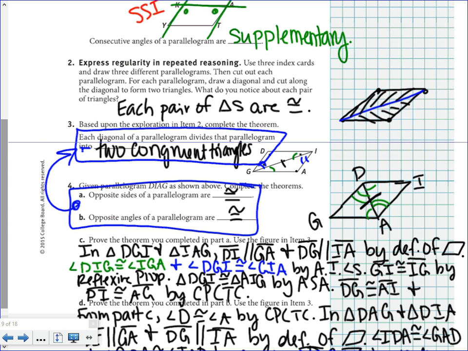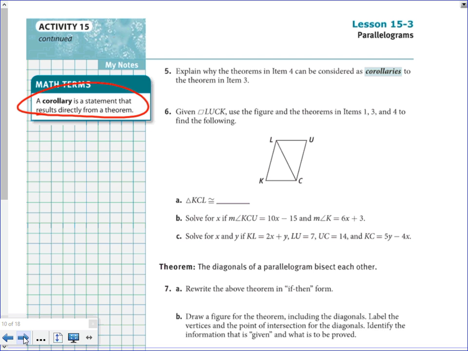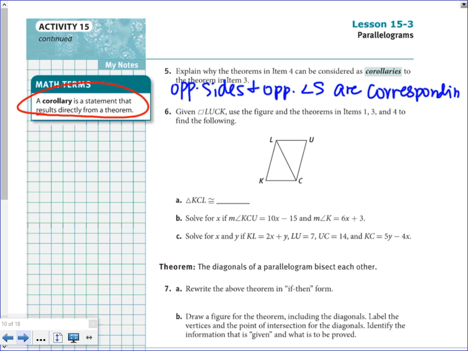So you could think of it as CPCTC. We know we have congruent triangles, so all of the parts are congruent. Your opposite sides and opposite angles are corresponding. So they're corresponding parts of the congruent triangles that were discussed in number 2.